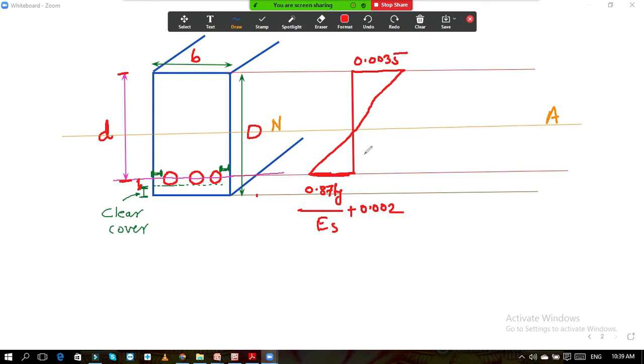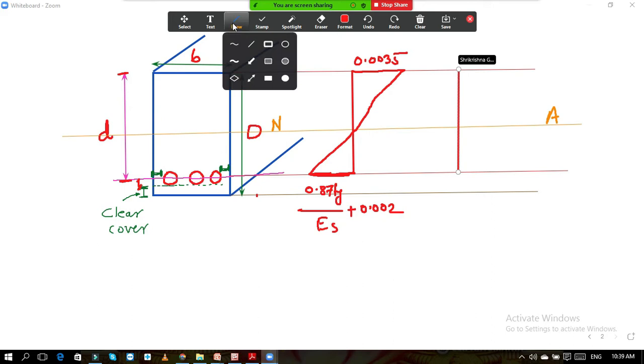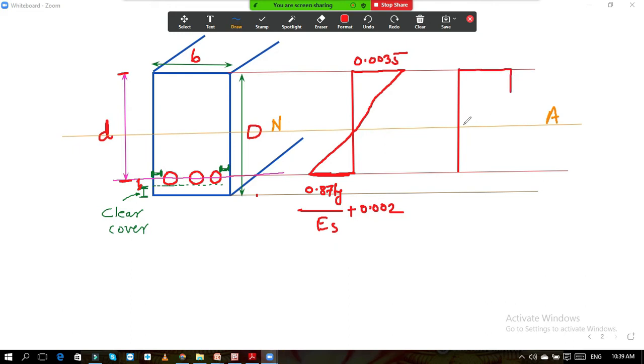Then if we draw again the stress diagram, this is the shape of the diagram.